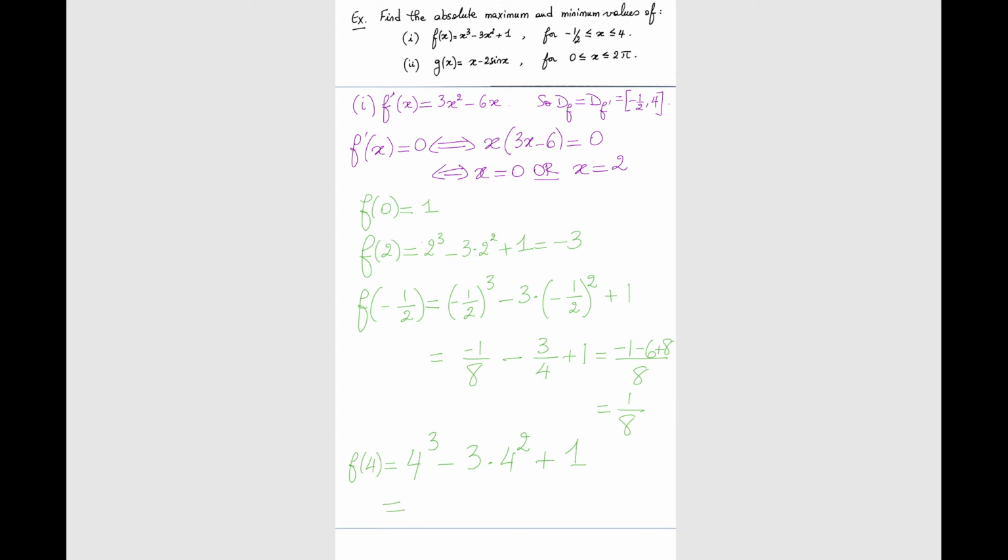And 4 cubed is 64, minus 3 times 16, which is 48, plus 1. Correct? And 64 minus 48 is 16. 16 plus 1 is 17.